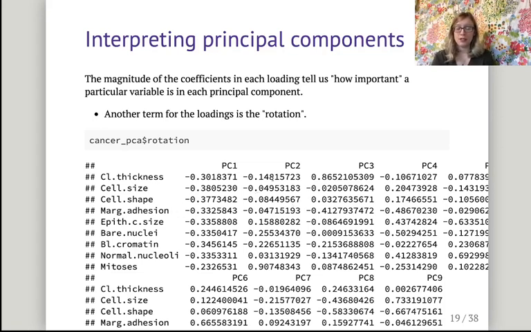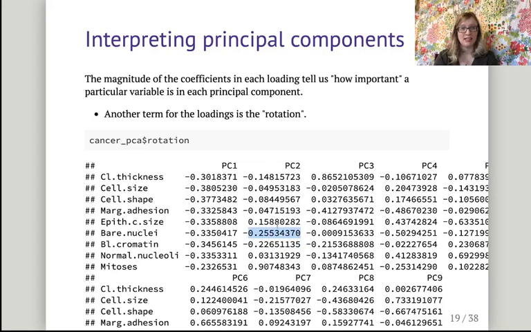The second principal component, though, has a more clear meaning. In the second principal component, mitosis is the most important contributor, with the highest loading or rotation. So mitosis is definitely important for explaining that second piece of variation. So are chromatin and bare nuclei.